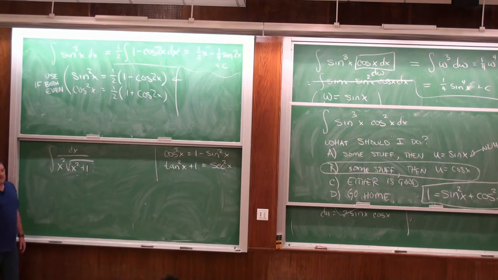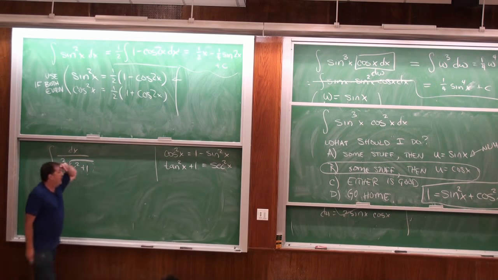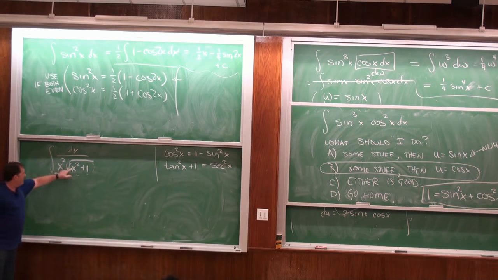Tangent squared plus 1 is secant squared, which you can just get by mushing this one around. And here I have something squared plus 1 becomes a square. So that means that if this x were only a tangent, then this would become just a secant.